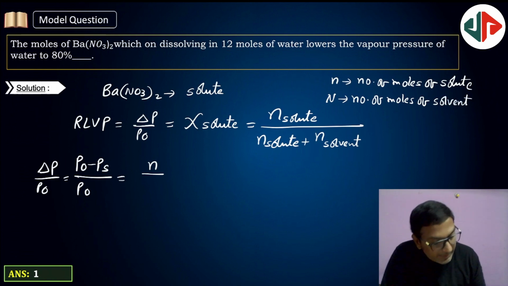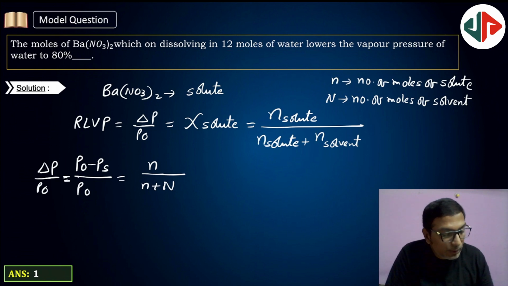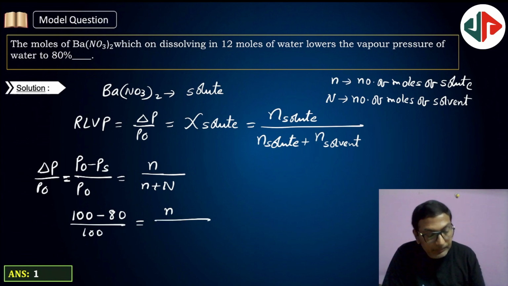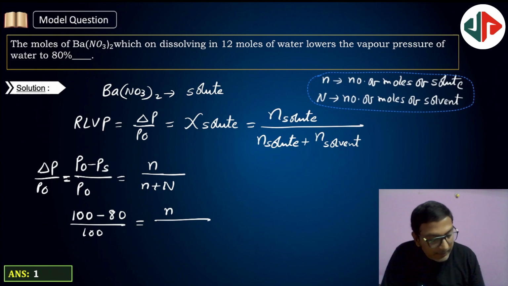So from this we can write n by N plus n. It is given pressure reduces to 80. That means if we take P naught as 100, Ps becomes 80 by 100, equal to n by N plus n, so we should find n. Small n is the number of moles of solute.